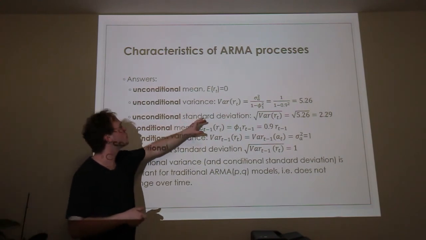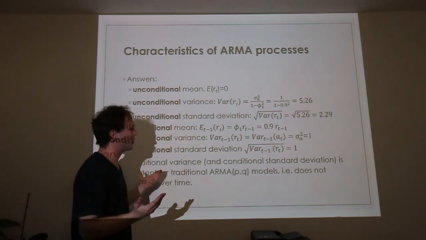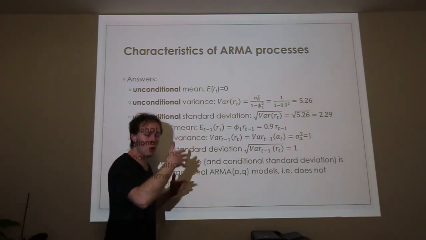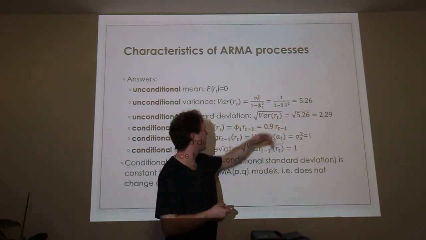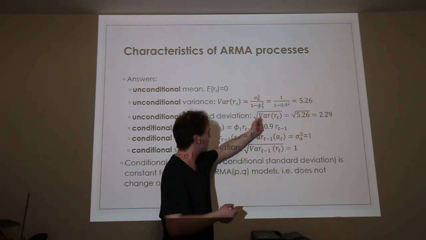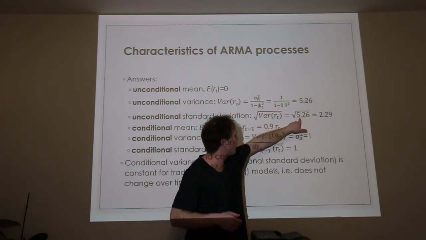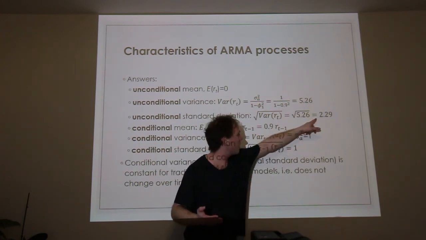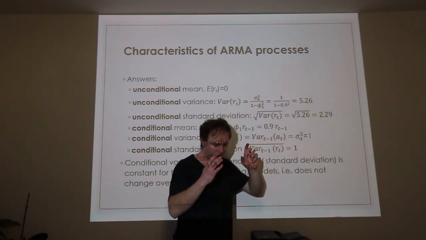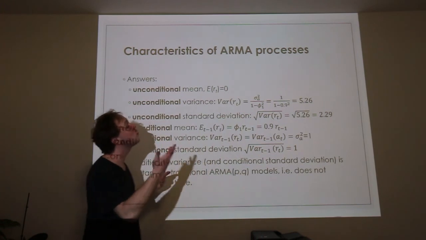The unconditional standard deviation is every time the square root of the variance. So the square root of the variance of these log returns will be equal to the square root of 5.26, and with a calculator this is equal to 2.29. Standard deviation is in basic units.